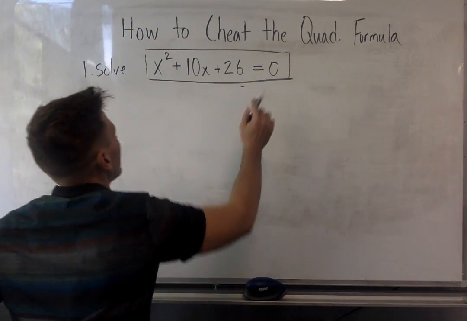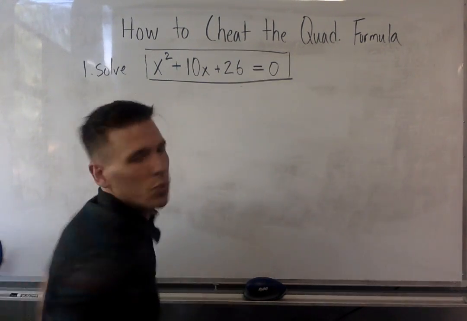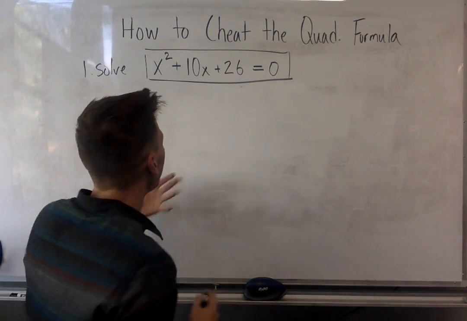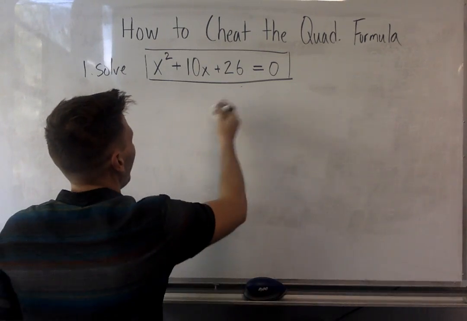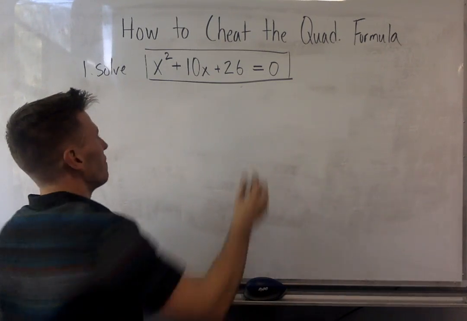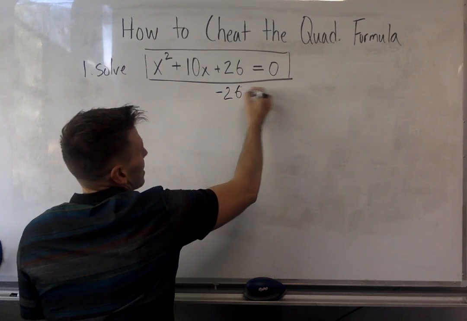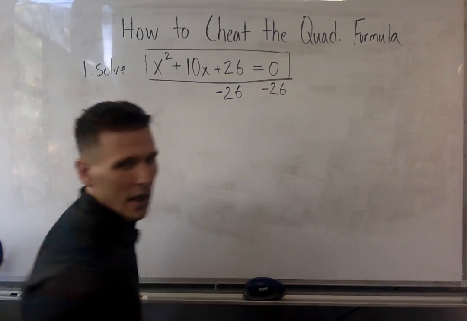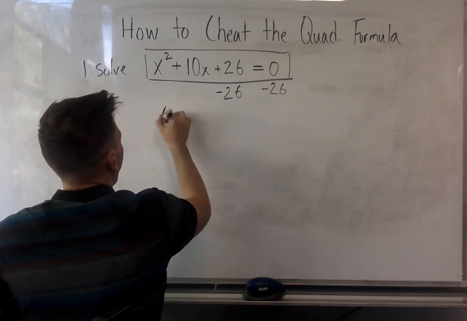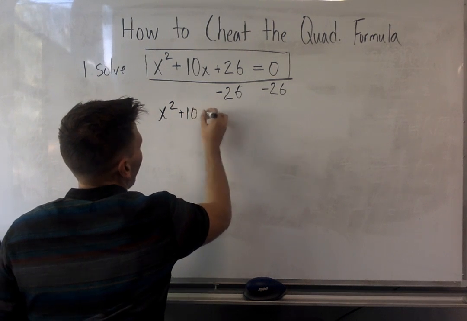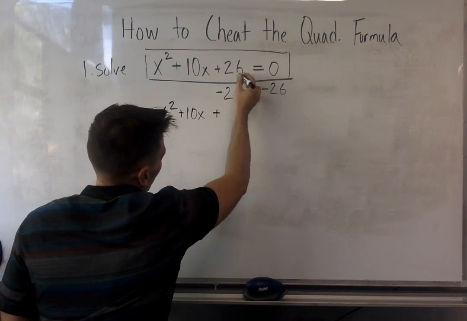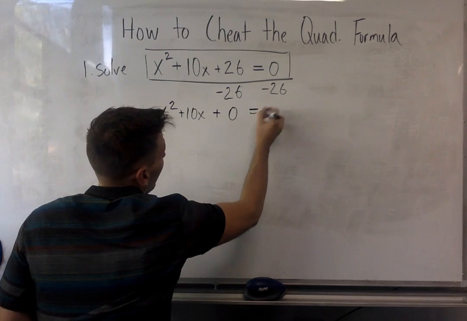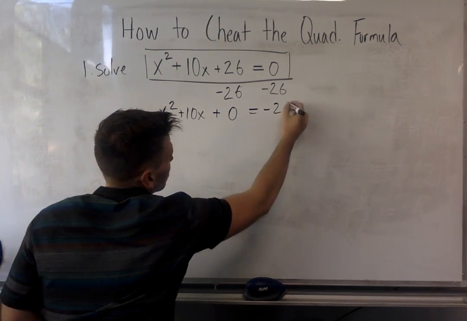Looking at this, I wish desperately that this were 25 instead of 26, because then I'd be able to do a perfect square. It's not, but I can solve this. I'm just going to take away that 26 from both sides so that I'm not breaking any laws of math. Then this becomes x squared plus 10x plus 26 minus 26 is 0, and 0 minus 26 is negative 26.